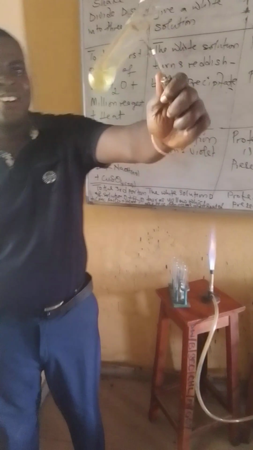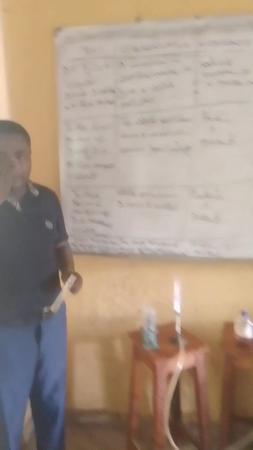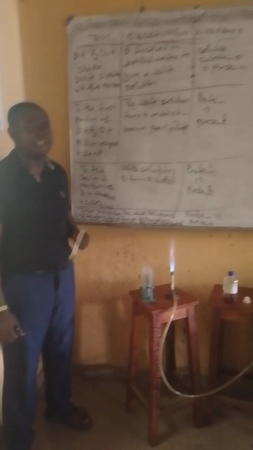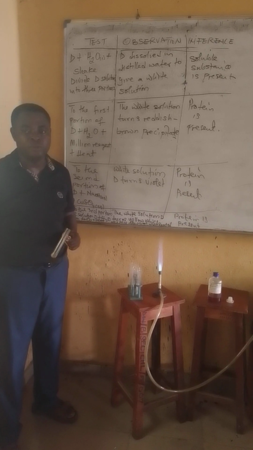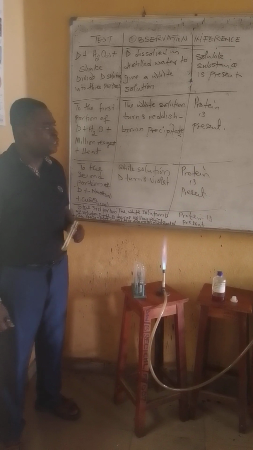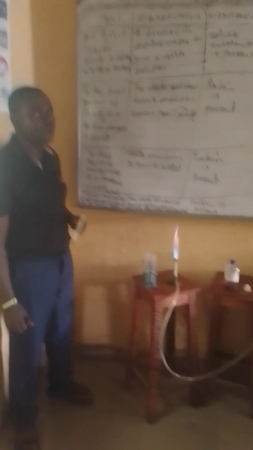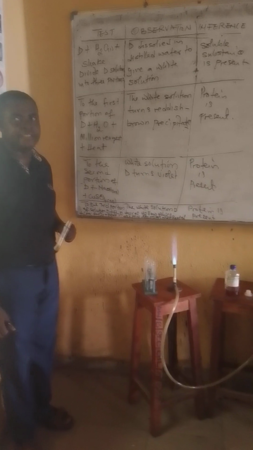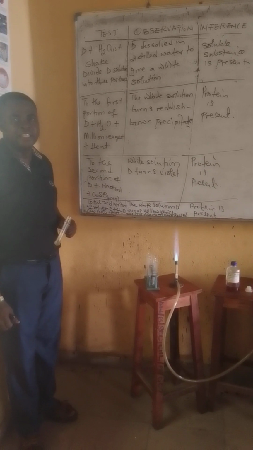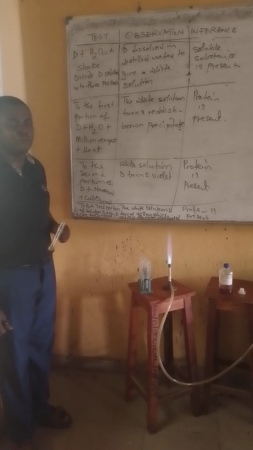So now, this is going to be the end of this test. Watch out for the next test, which is going to be the test for fats and oils using Sudan III solution, which we call the Sudan test. The summary is that there are 3 types of tests for proteins. The first one is the Millon test. When you add Millon reagent, you get a reddish brown precipitate, and that confirms the presence of protein.